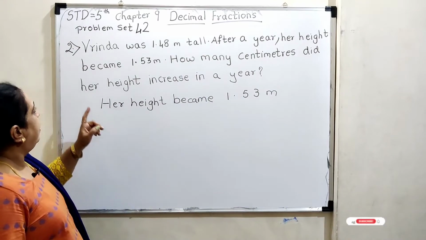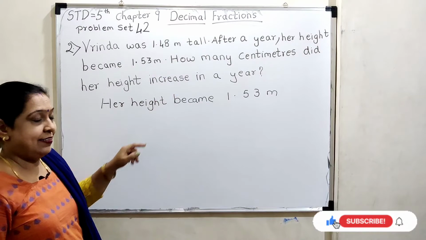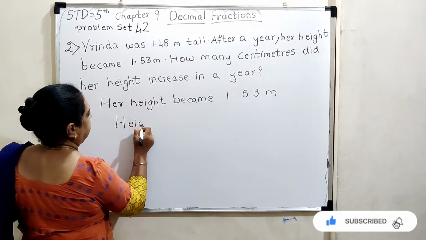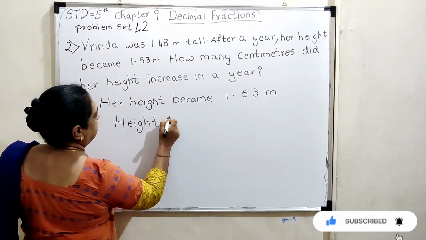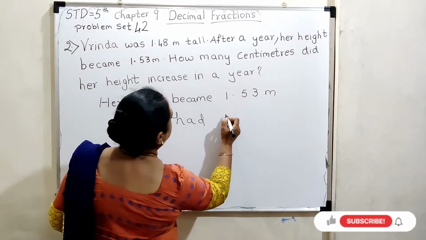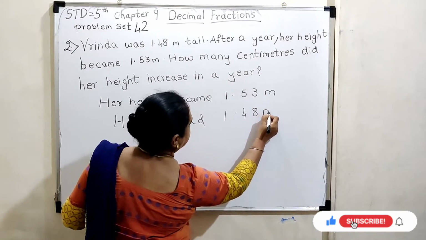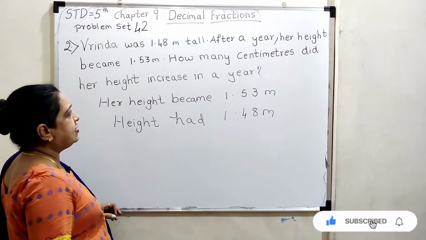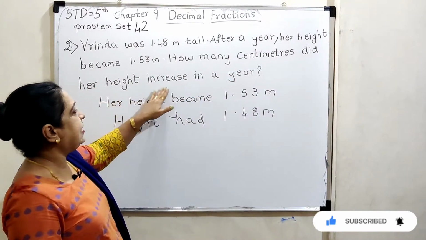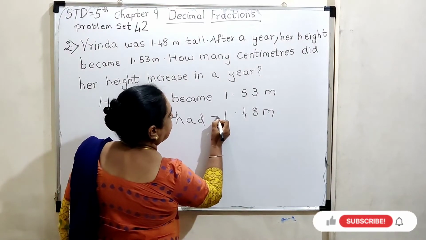Okay. Vrinda was 1.48 meters tall. What they have asked: how many centimeters did her height increase in a year? So what we'll do, we will subtract.